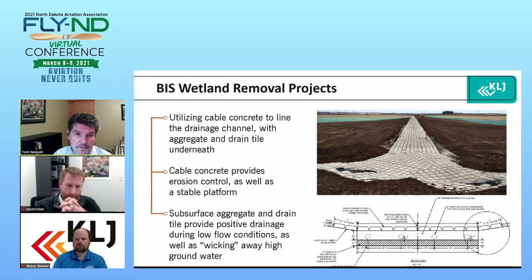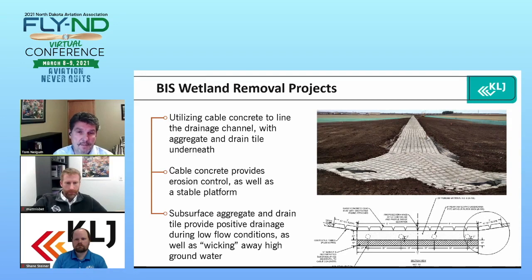And then on the lower right-hand corner of the slide, you can see what the section looks like. Basically, underneath this cable concrete, there's aggregate. It's a clean aggregate. The FAA calls it porous material number 2, about 20 inches in thickness. And then contained within that, there's 4 6-inch perforated drain tile pipe.